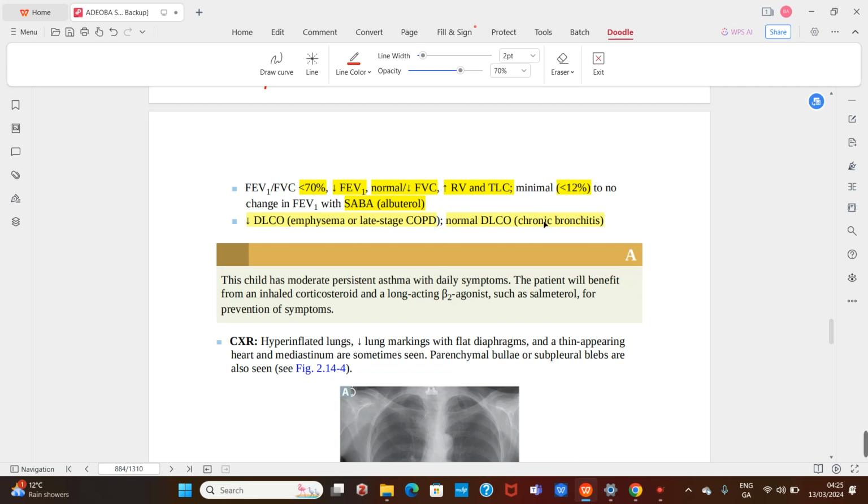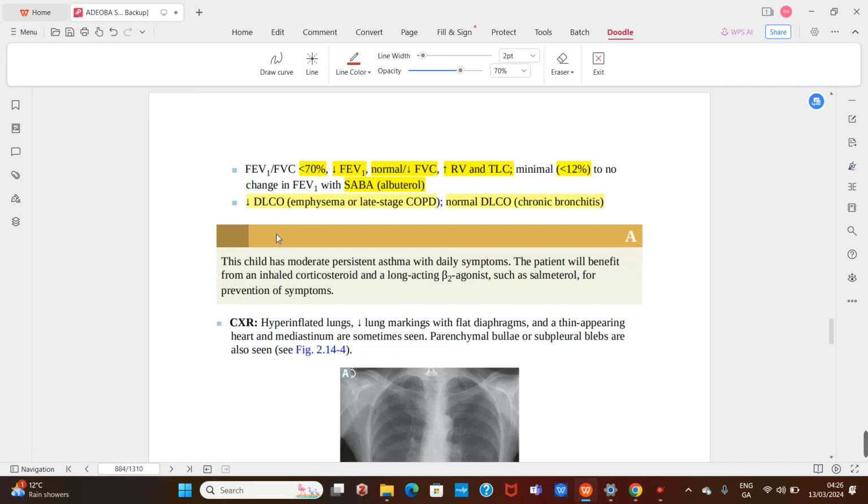Chronic bronchitis just affects the airway, the alveoli are kind of spared, so they will have normal DLCO. But emphysema destroys the alveoli and respiratory bronchioles. That respiratory membrane is gone, so there's no spot for carbon monoxide to diffuse into the blood. So people with emphysema will definitely have low DLCO. That's one way you can separate emphysema from chronic bronchitis: chronic bronchitis will have normal DLCO, emphysema will have reduced DLCO.